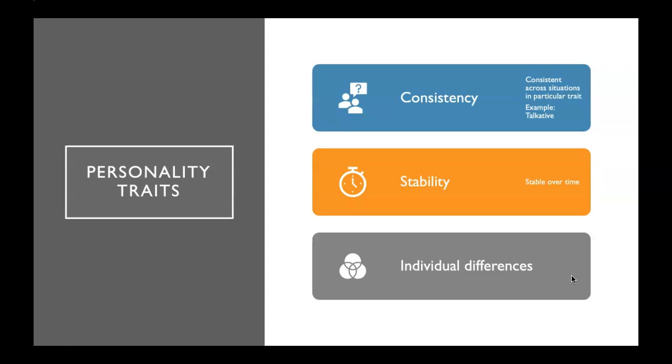Now maybe think of something in yourself. Maybe there's something that has changed. That is possible too. But more often than not, we see a stability in different traits. Maybe they've changed a little bit, but they're generally stable. And there's going to be individual differences. Now, with being talkative, you may say, how are there individual differences? Everyone knows how to talk, right? True.